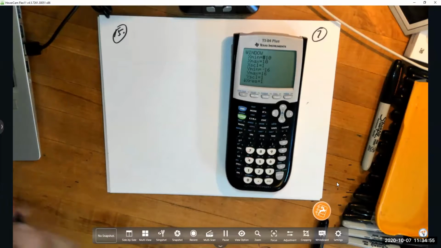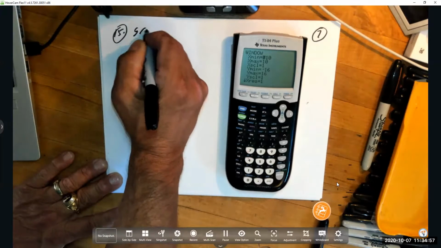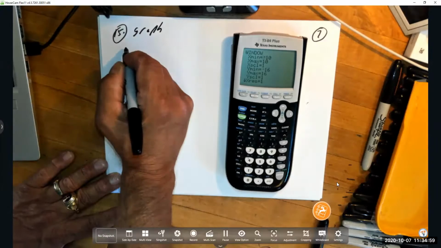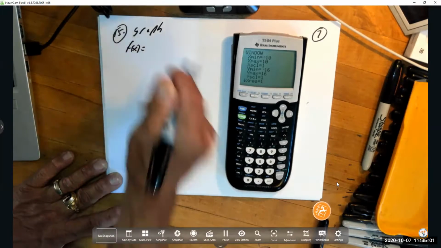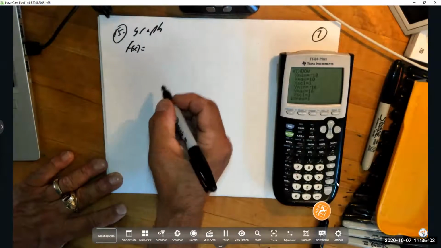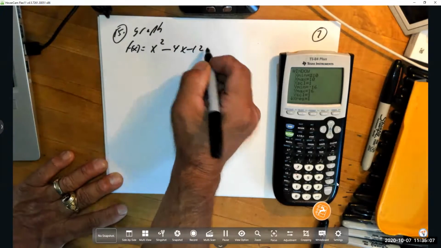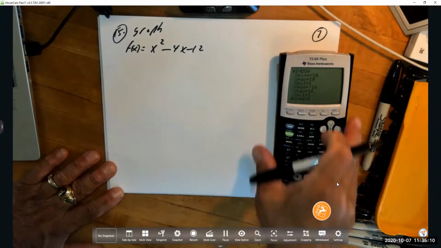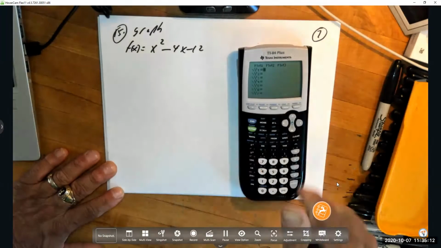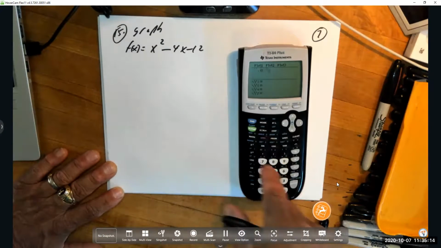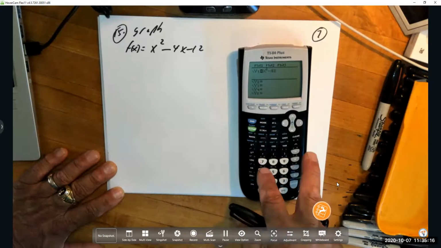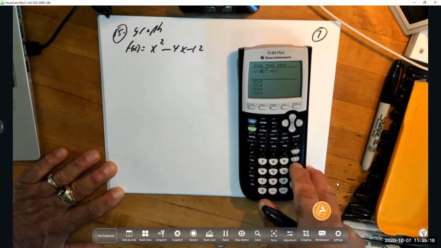All right, next one. It says graph, you have f of x is x squared minus 4x minus 12. Okay, so let me put it in there. X squared minus 4x minus 12.